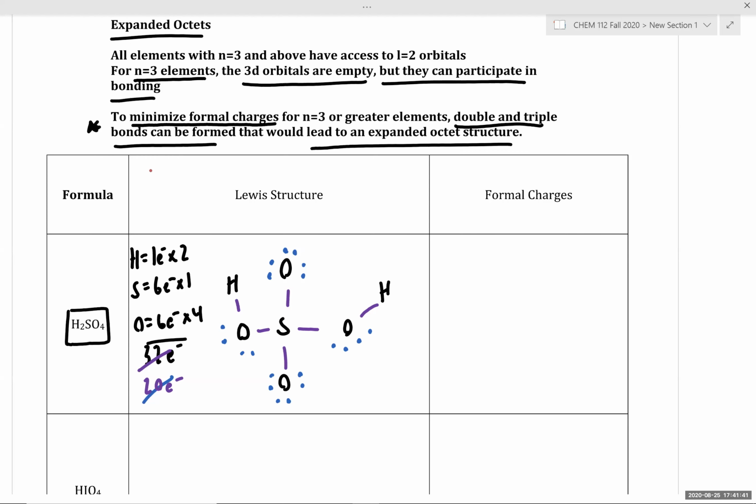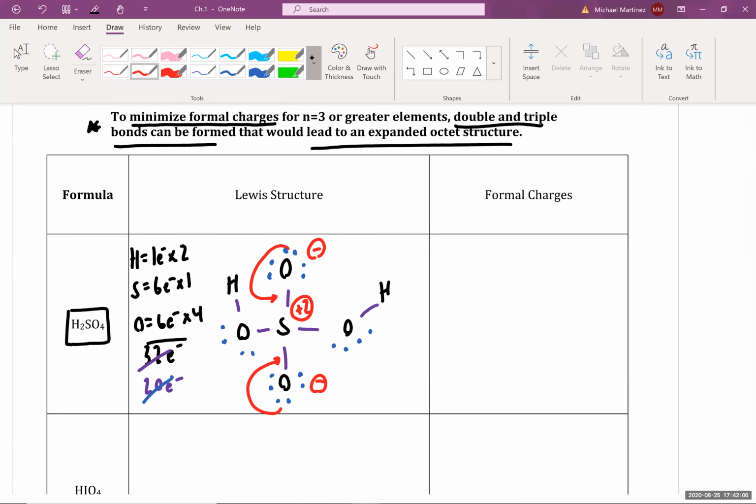The 2 oxygens have a charge of -1, so we should double bond them to the sulfur. Yes. In addition to the fact the oxygens have a formal charge of -1, the sulfur also has a large formal charge of +2. So to alleviate this, we're going to invoke the expanded octet, and we're going to move each one of our oxygen lone pairs down to form a double bond.